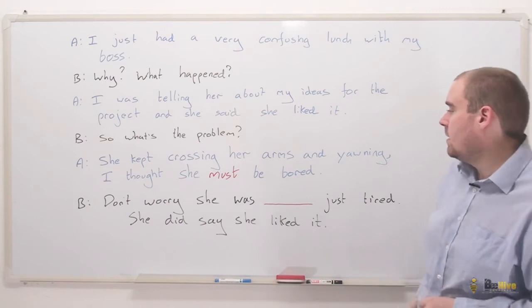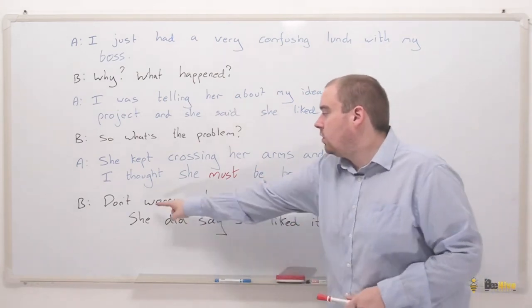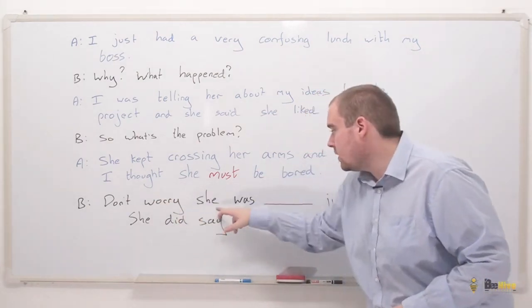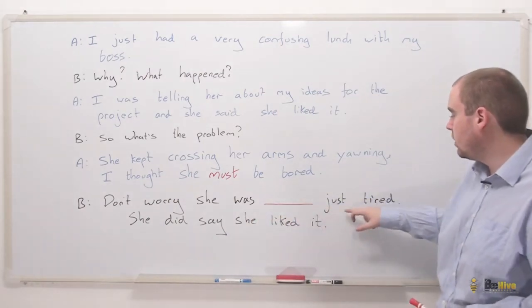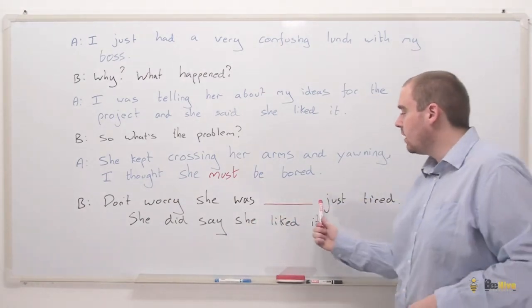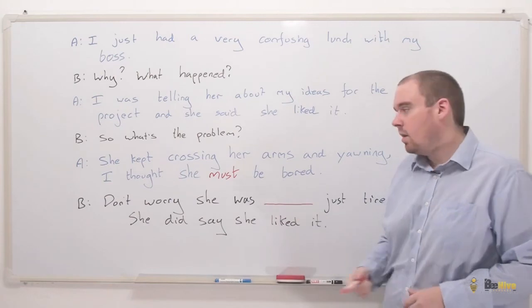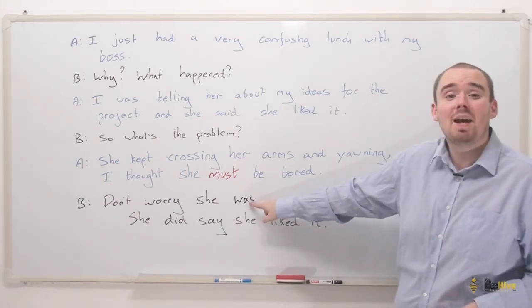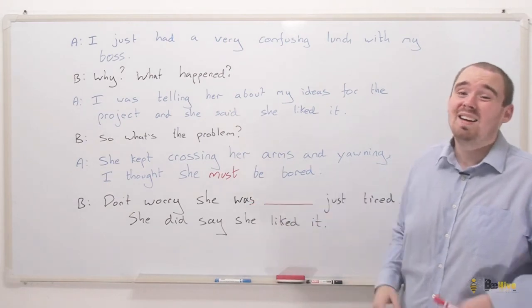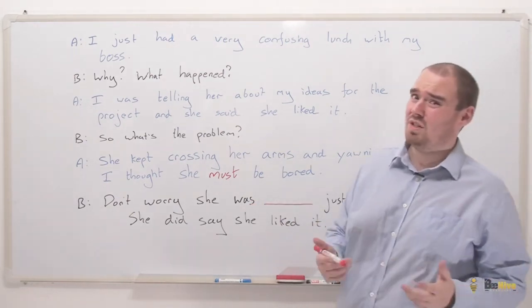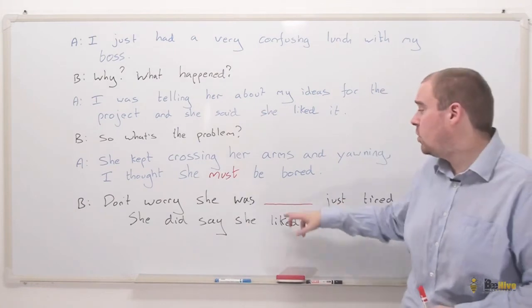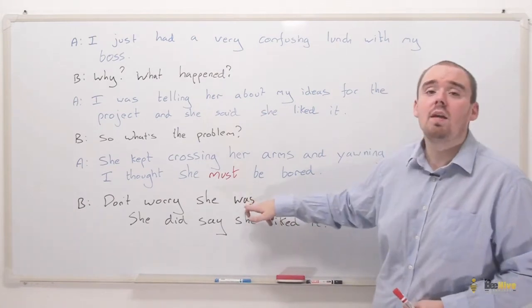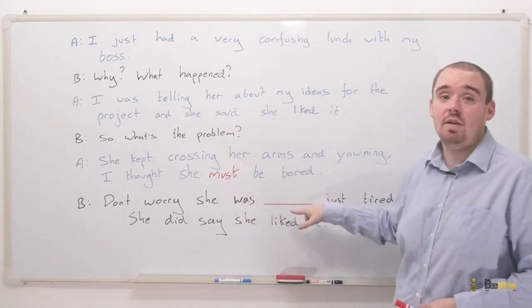Okay. Then here we have, don't worry, the answer. Don't worry, she was just tired. And here's our grammar a second time. But this is in the past tense. We use the past tense of to be. Now, in English, which is confusing, when we use to be, we put the adverb after to be.